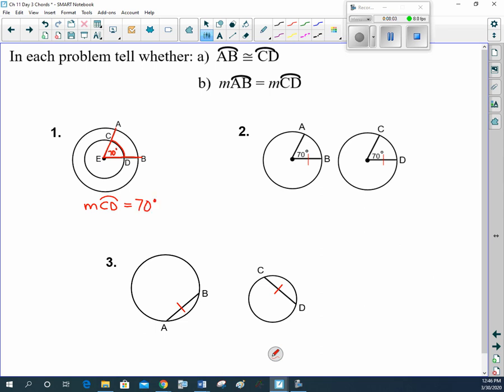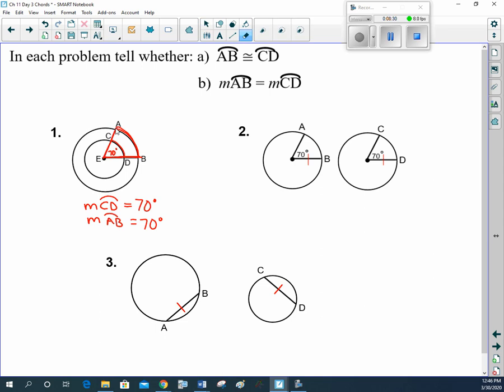Okay, I'm going to find the arc measure of AB. Well, once again, that's the same thing. It's the measurement of its central angle that's associated with that arc, so it's got to be 70 degrees. So in this particular picture, the arc measures are the same. They are 70 degrees. The measure of arc AB does equal the measure of arc CD.